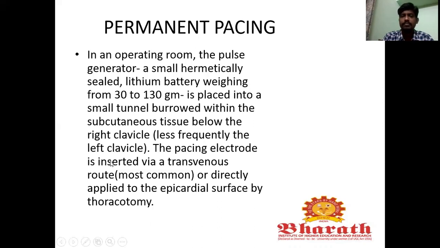Permanent pacing. In the operating room, the small hermetically sealed pulse generator, with lithium batteries weighing from 30 to 130 grams, is placed into a small tunnel in the subcutaneous tissue below the right clavicle, less frequently the left clavicle.